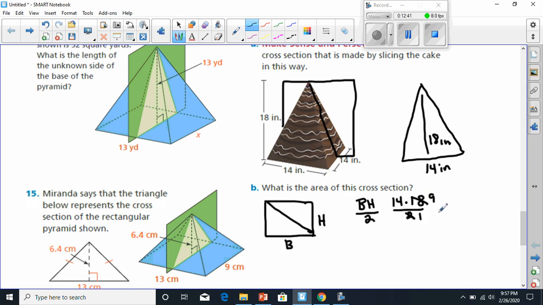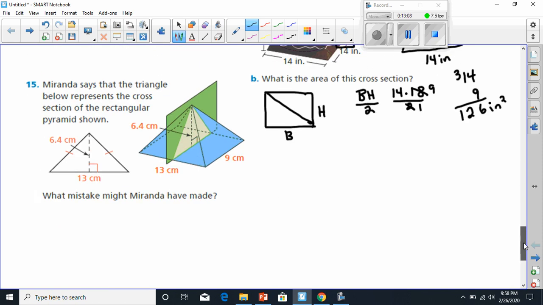And now it's just 14 times 9. 4 times 9 is 36. And 9 times 1 is 9, so 10, 11, 12. So it's going to be 126 inches. And we're talking area, so inches squared. And number 15 is yours to do.